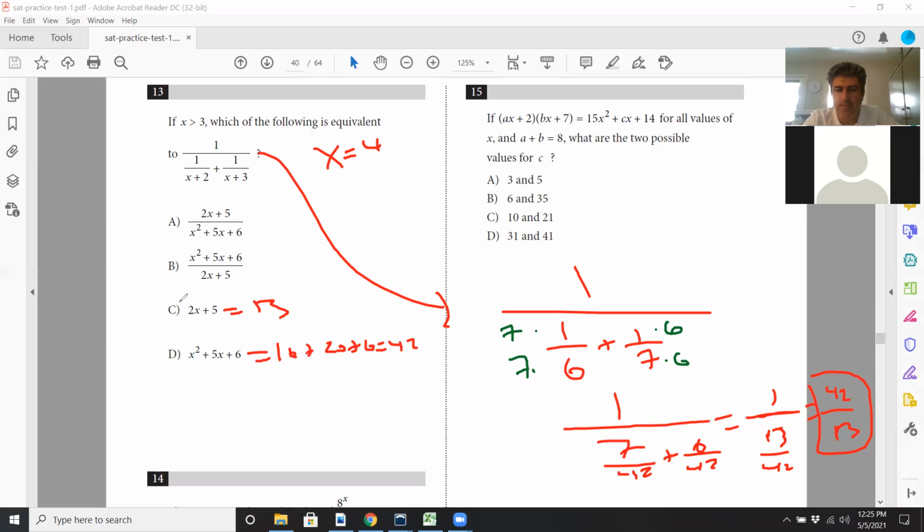That's 42. This is going to be 13 over 42 if you were to plug in 4 for x. This will be 42 over 13. When you plug in 4, you get 16 plus 20 plus 6. So you get A.